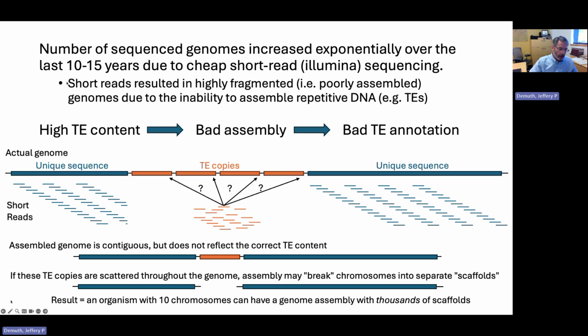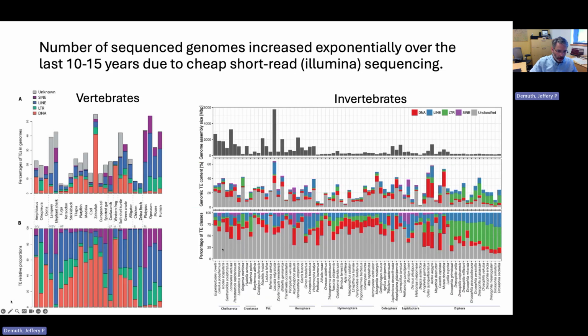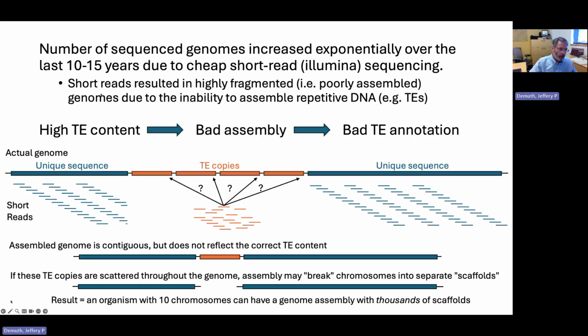So historically, and again, just to highlight, these are all based on short read sequencing, and the genome assemblies that were based on that short read sequencing. A consequence of short reads is that you get highly fragmented, in other words, poorly assembled genomes, because there's an inability to assemble the repetitive DNA.